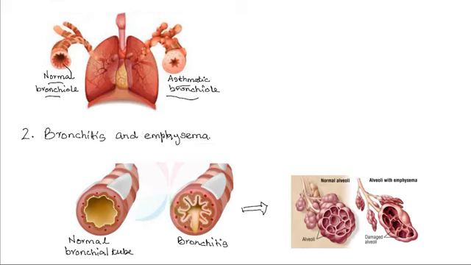See here, the normal bronchial tube with an open lumen and one in which the walls have been inflamed such that there is no longer any free passage through them. Now, there are two forms of bronchitis, namely acute bronchitis and chronic bronchitis.